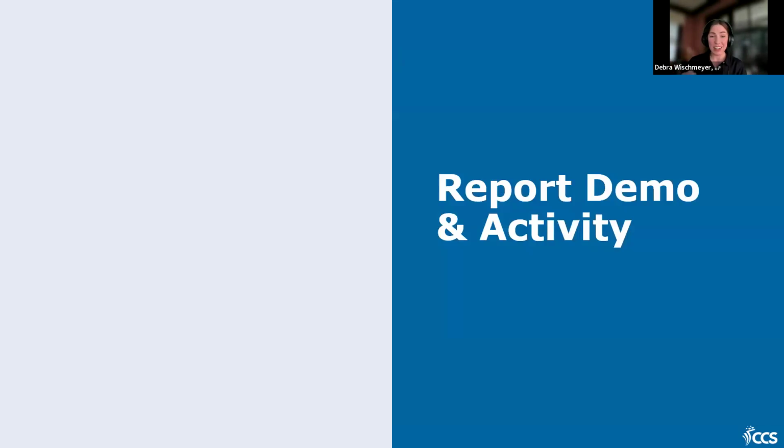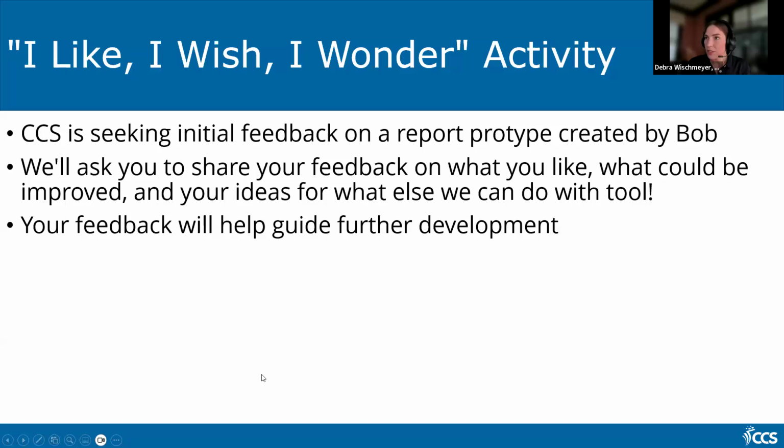But we're just going to move on to the next activity, which is talking about a new circulation report that we are building. So we're going to give a demo today and conduct an activity to gather some feedback from all of you.